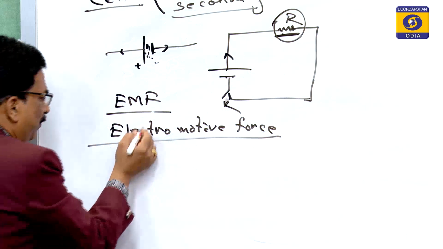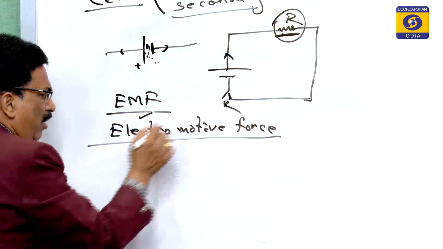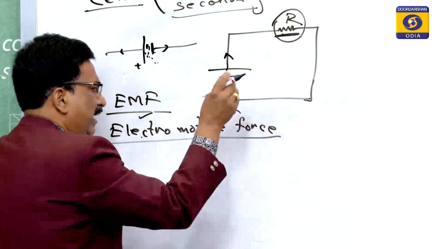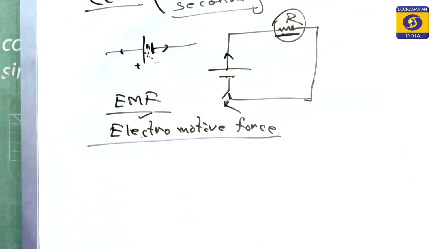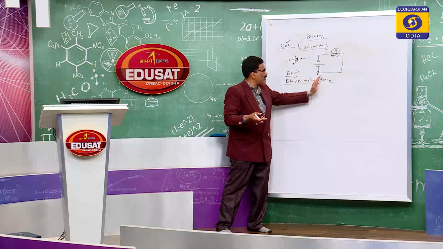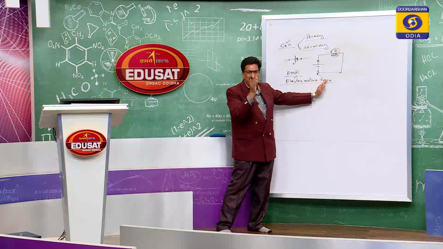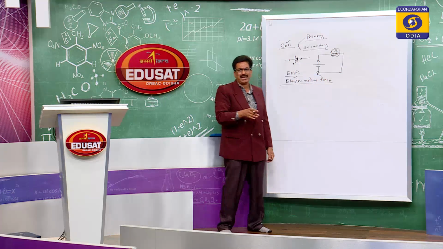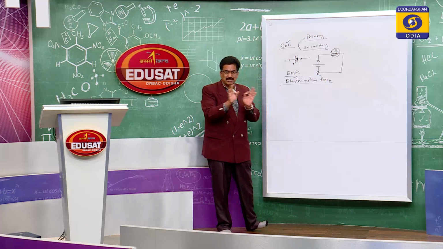So, electro is the term for the electron, motive means some motion, force means something to enhance its working function. So, if it is electromotive force, from today clear from your mind that though the word force is there, it is not a force.